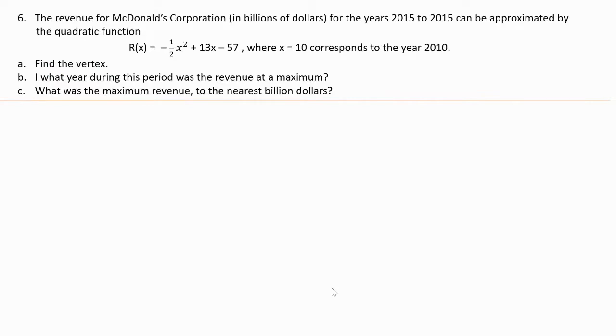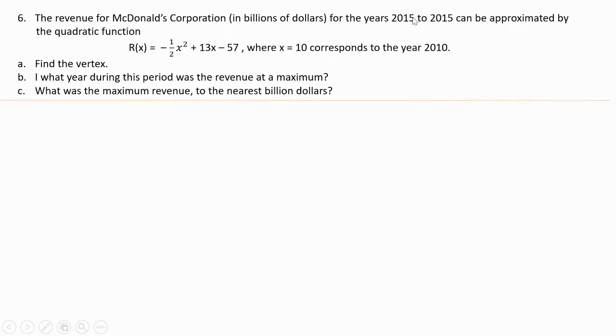Now this is number 6. Here I'm applying what we just learned in an actual word problem. It says here, number 6: the revenue for McDonald's Corporation in billions of dollars for the years 2010 to 2015. You know what, guys? This is supposed to be from 2010 to 2015. I made a mistake here.